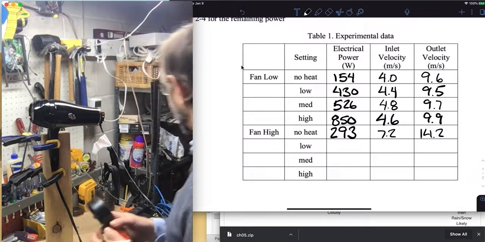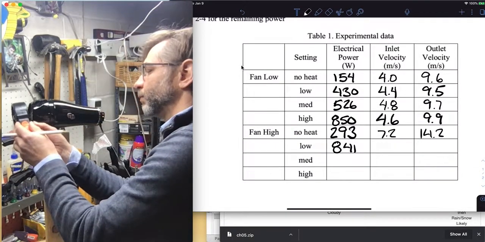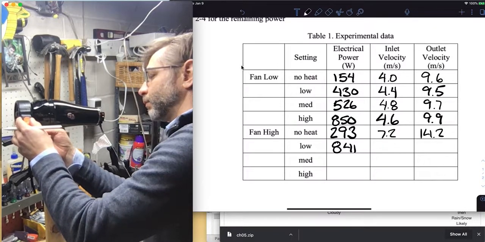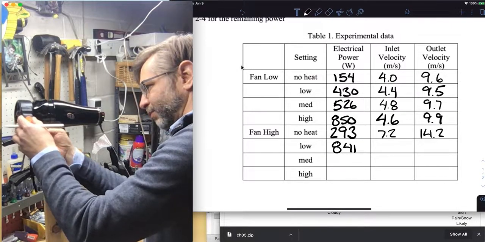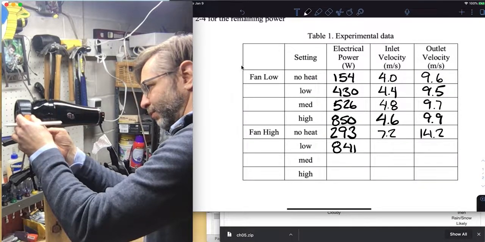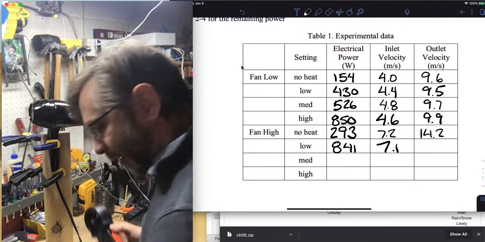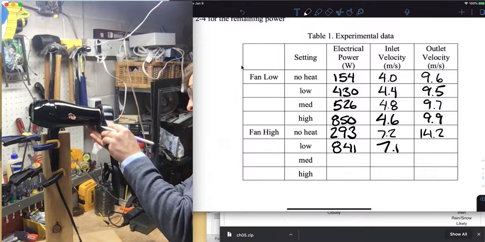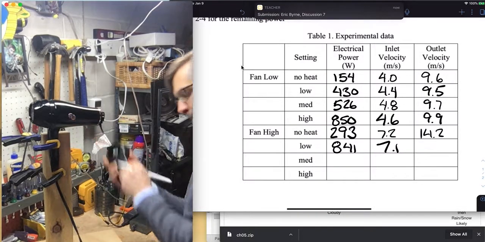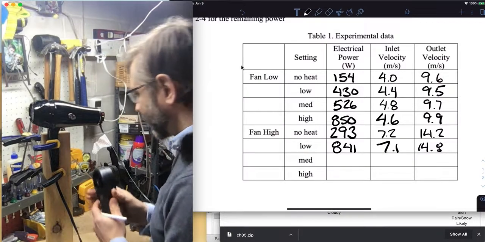Let's do it again. 841.1 and outlet .8. Okay, then we have a couple more settings to do.